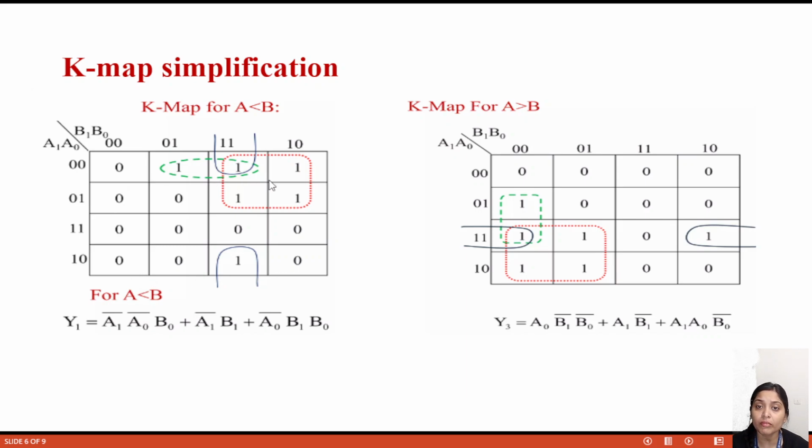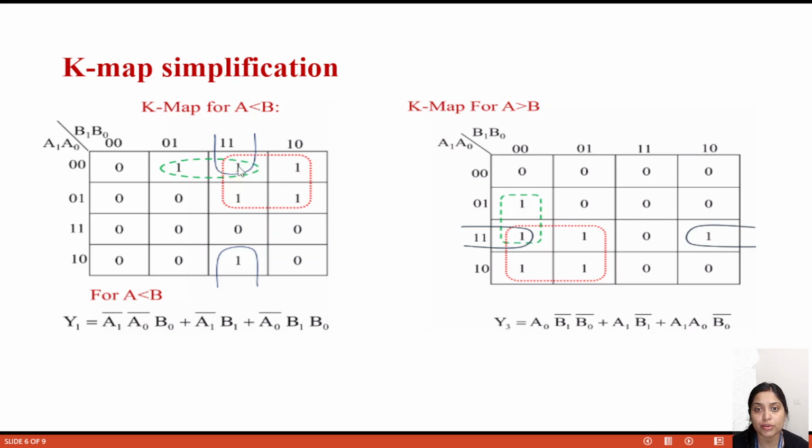Now we will simplify the K-map according to the K-map rules. If you have any doubt in the K-map process, go and visit my K-map simplification videos. There are 4 videos, I think. Just go and check and you will be very clear on the K-map process.